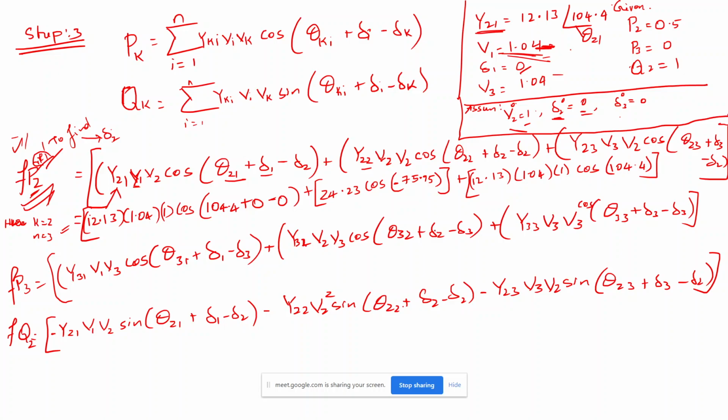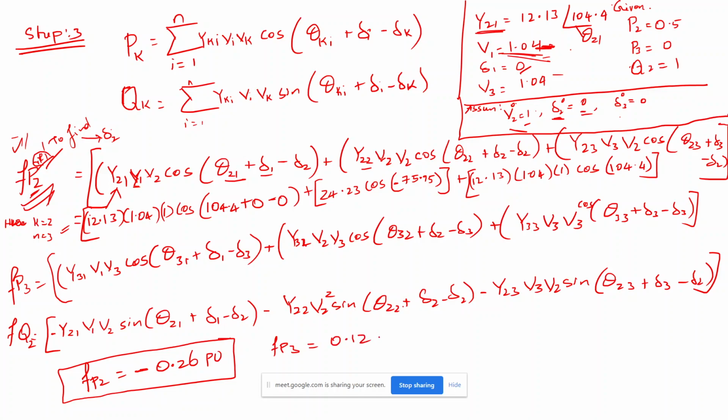Check whether you are getting FP2 equal to minus 0.26 per unit. And for FP3, the value is 0.12 per unit. You need to solve the steps and check this. And FQ2 is nothing but minus 0.96 per unit.